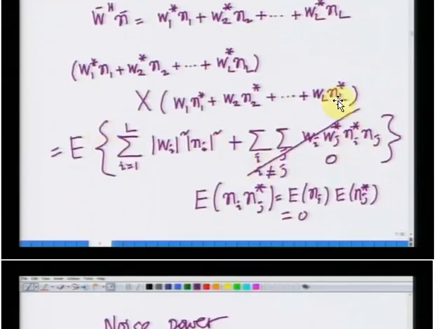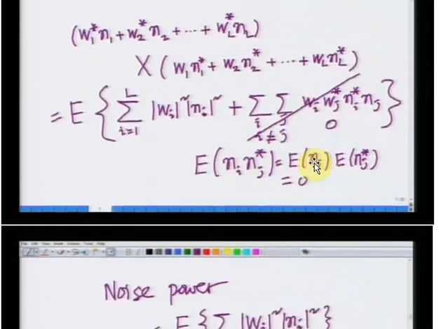This whole multiplication can be written as a compact equation. If we take the expected value, we see that the cross terms with indices i and j which are not equal turn out to be 0.